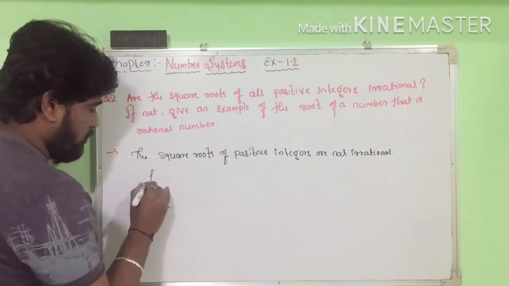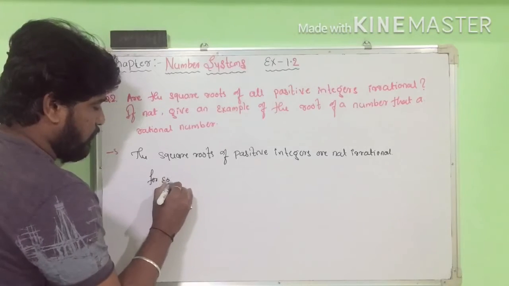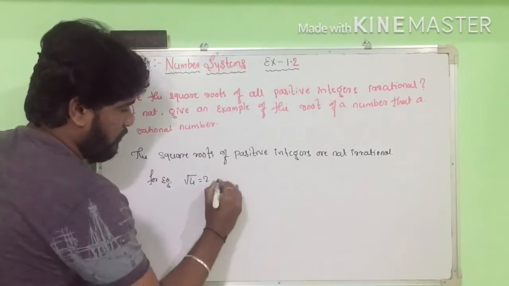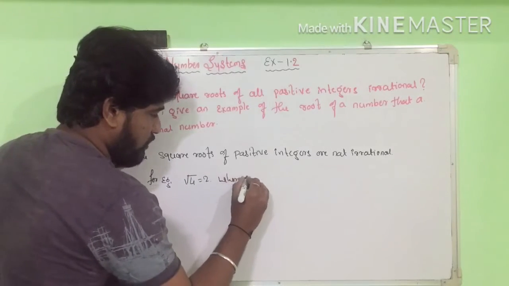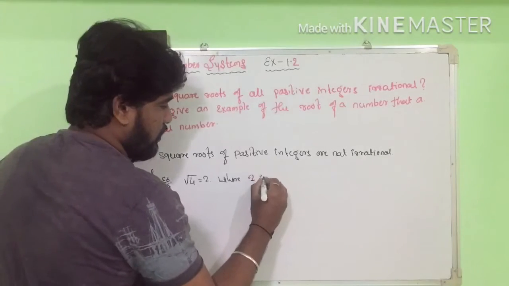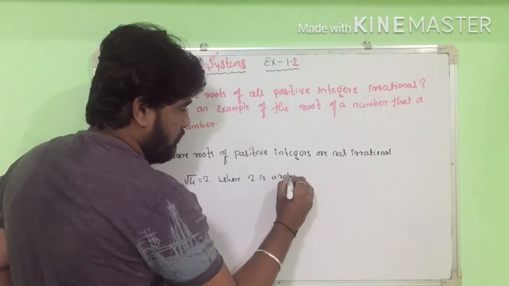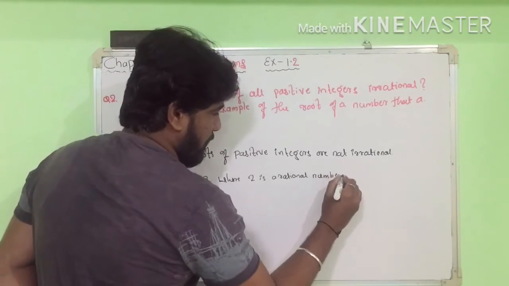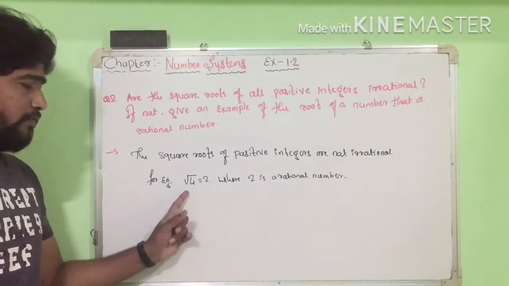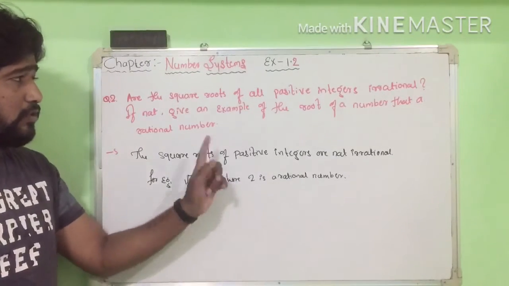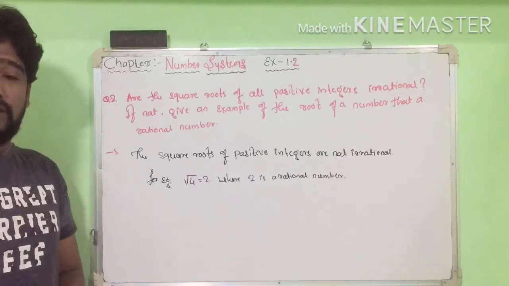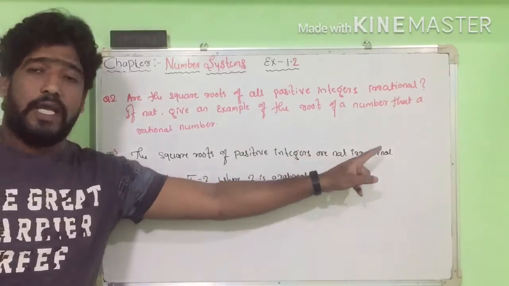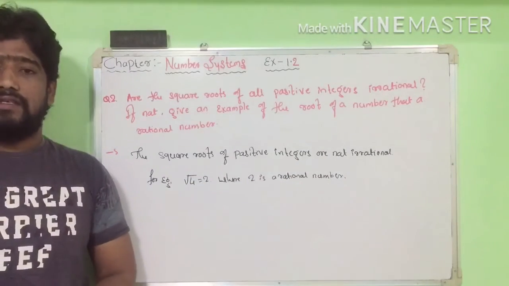For example, the square root of 4 is equal to 2, where 2 is a rational number. Is it clear? They asked whether the square root of a number is irrational, but here it is rational. So the square roots of positive integers are not always irrational, they can be rational.